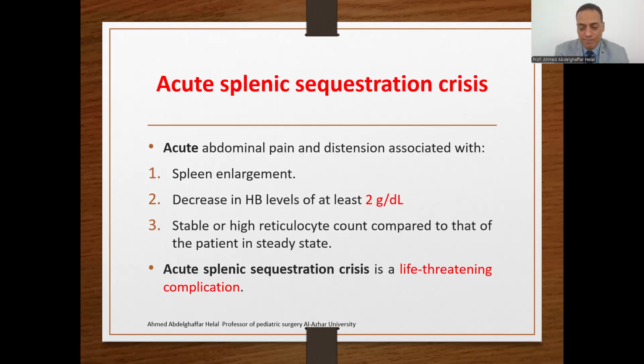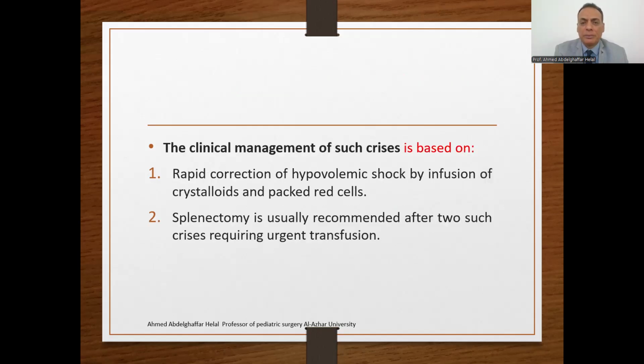So please, sickle cell disease is very important. The clinical management of such a crisis is the rapid correction of the hypovolemic shock by infusion of crystalloids and packed RBCs. Splenectomy is usually recommended after 2 crises requiring urgent transfusion. We will speak about the indication.